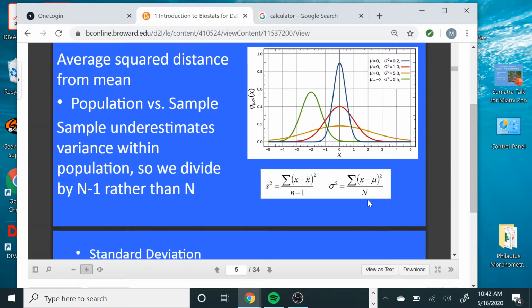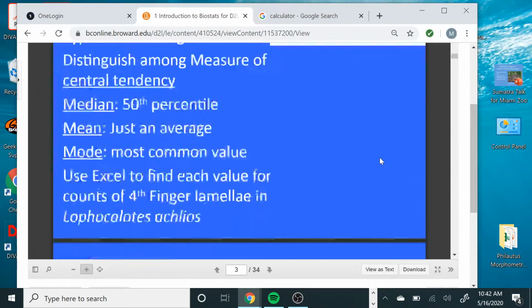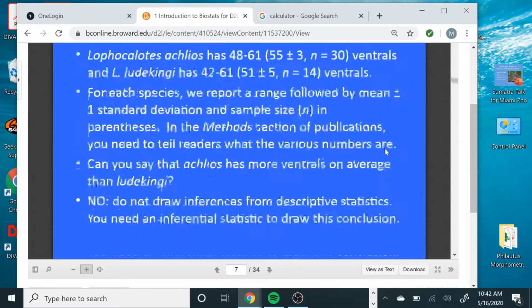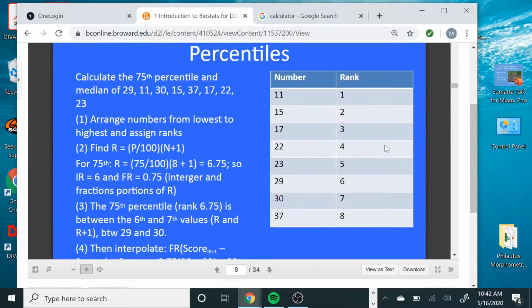All right. Now, the other thing I wanted to talk about is calculation of percentiles. We already went over how to do percentiles. You may remember there's a step-by-step procedure here.